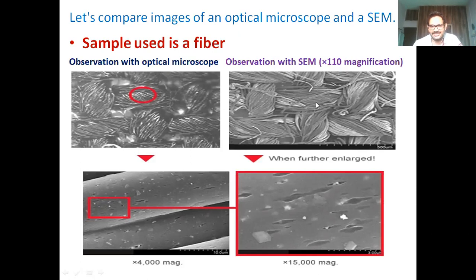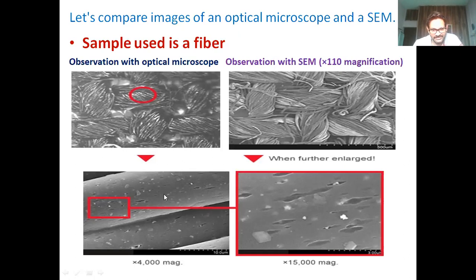Suppose we increase the magnification 100 times over the optical microscope, this is the view. If this is multiplied to 4000 magnification, then what we get is this, where each thread of the fiber can be seen.